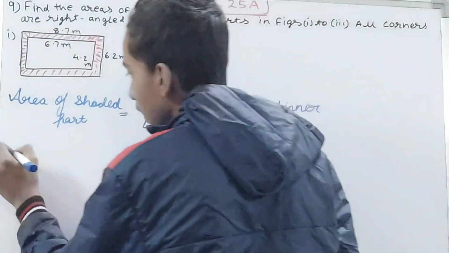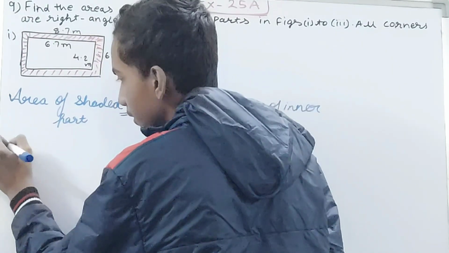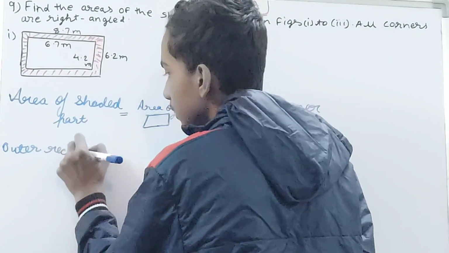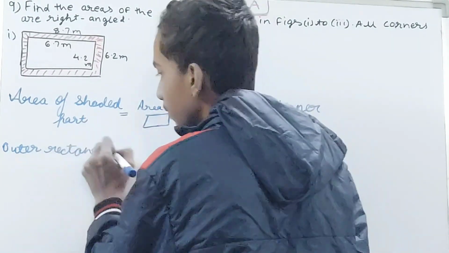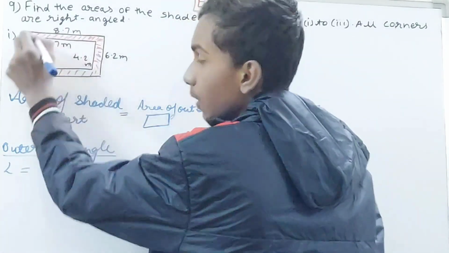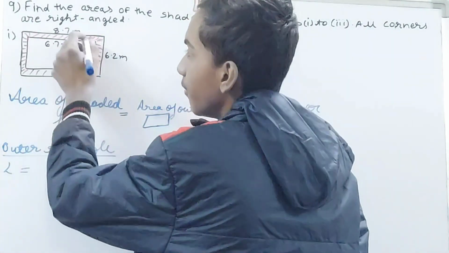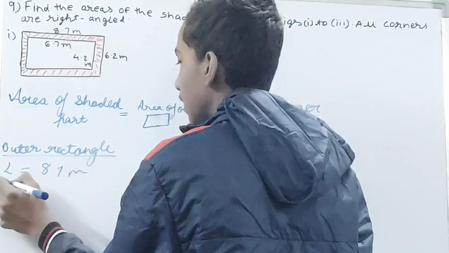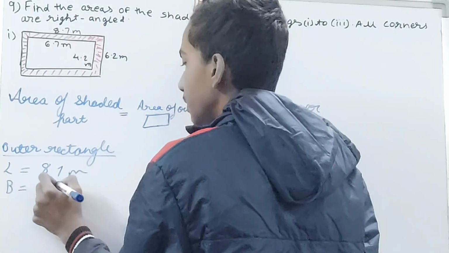Now first we will talk about the outer rectangle. In this outer rectangle, the larger one, we have 8.7 meters as the length. Breadth we have as 6.2 meters.